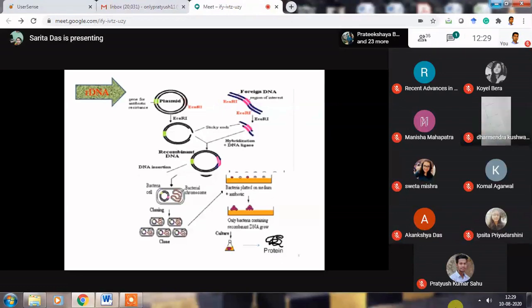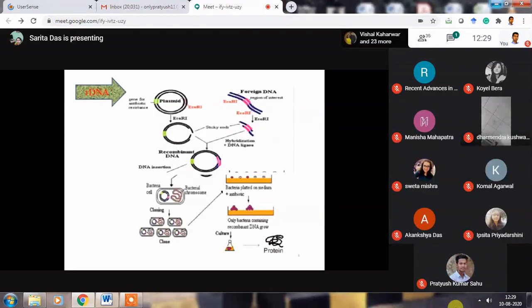Then we have to cleave both the vector and the target gene with the same restriction endonuclease, and then ligate it, and then put it into an expression system, and the preferred system is usually E. coli, because that is the most easily grown, culturable and largely understood bacteria, because a lot of work has been done.